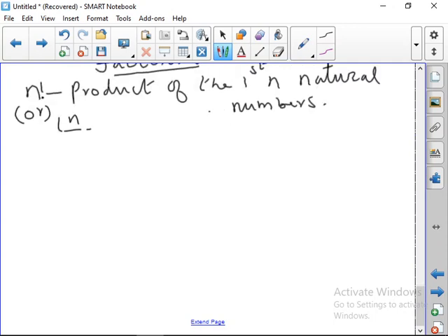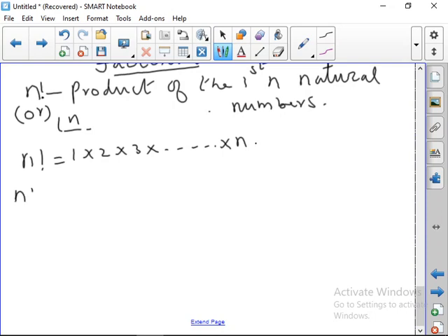So it is denoted by n factorial. The notation I have given you already. So n factorial is nothing but 1 into 2 into 3 into etc. up to n. So the product of the first n natural numbers is represented as n factorial, or we also say factorial n. Okay, both we can say.